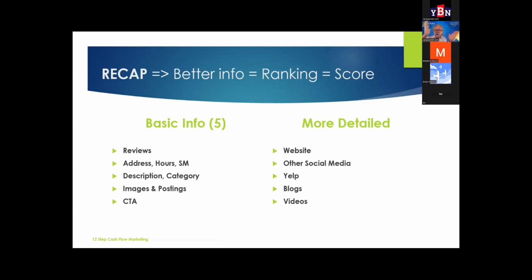And everywhere you have the same phone number, everywhere you have the same address, and everywhere you have the same link to your website. The third thing is description, category. Make sure you're in the right category. Select a category where you're less competitive, where you stand up better than the competition, and start promoting that category, right? The description of your business is crucial.